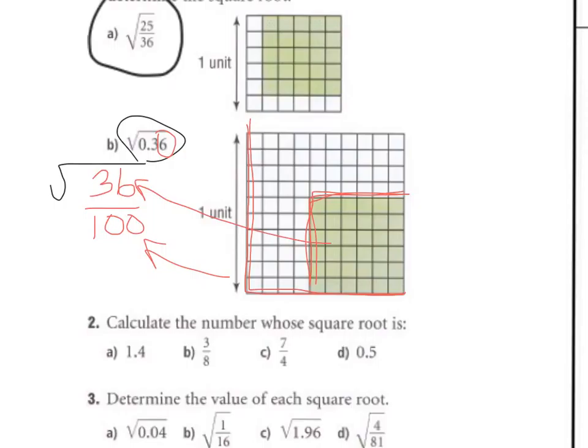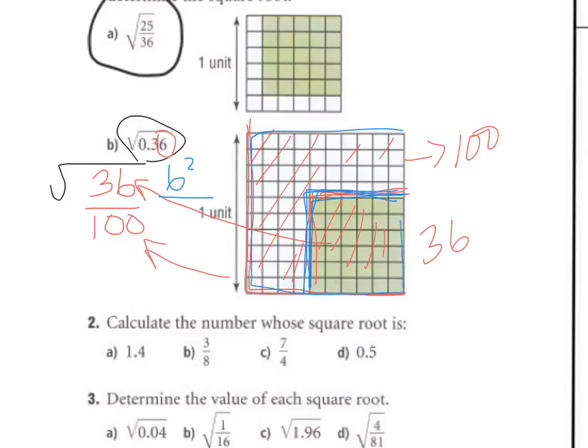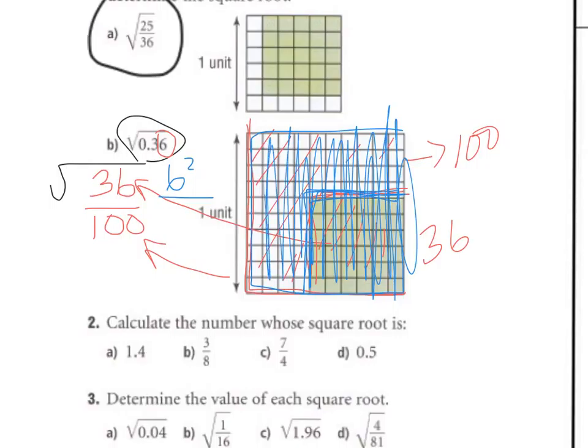So the area is 100, and the area here will be 36, and the square that is created by an area of 36 is a 6 by 6, or 6 squared, and the area that is created by a 100, that's all of it, a 100 squares, is a 10 by 10, so it's 10 squared.